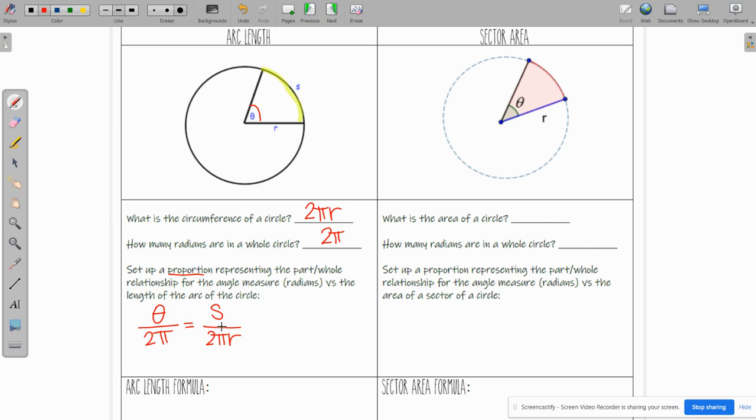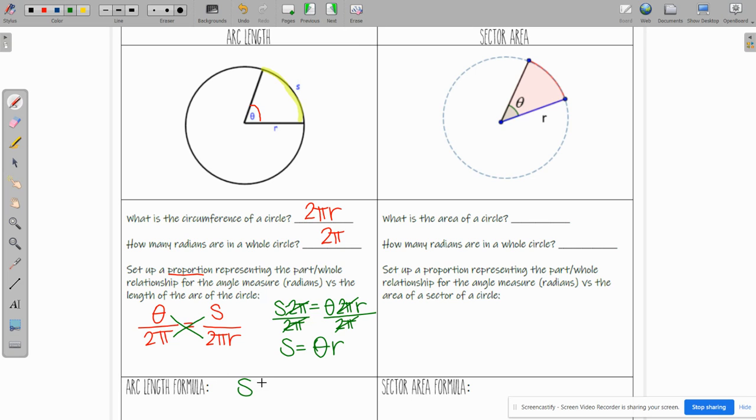So we want to solve for S in order to get our arc length formula. So we do that by cross products. So S times 2 pi will equal the other cross product, which is theta times 2 pi r. So the first thing is, if I were to divide both sides by 2 pi to isolate S, the 2 pi's would simplify here, leaving arc length S equals, again, the 2 pi's would simplify over here, and we would be left with theta times r.